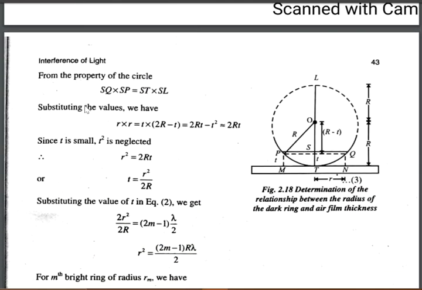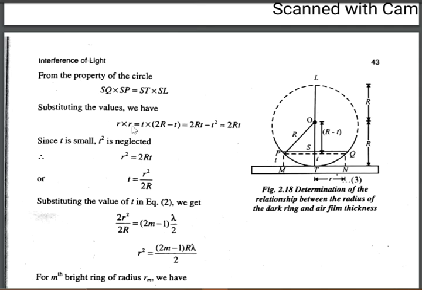Now, from the property of circle, you can refer to the figure here, SQ into SP should be the same as SL into ST. This is a property of circle. Now substituting the values, SQ is small r, that is the radius of the Newton ring.